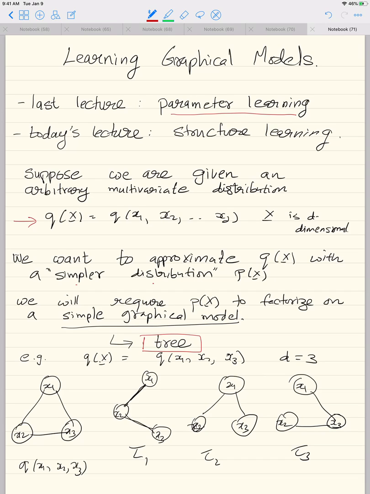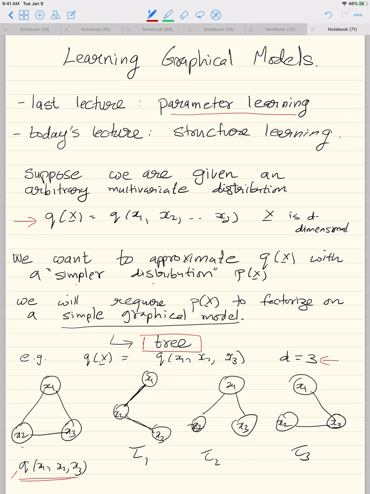So here is an example. Q of x as such consists of three variables x1, x2, x3, and so d is 3 in this example. So the original Q of x has no structure, so the underlying graph will be a fully connected graph, and so there is no particular way to simplify this.